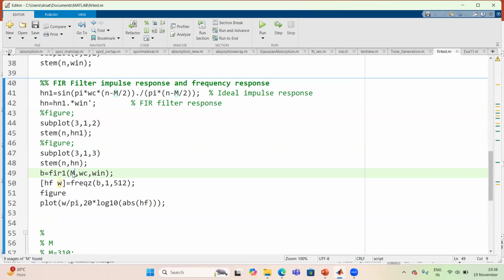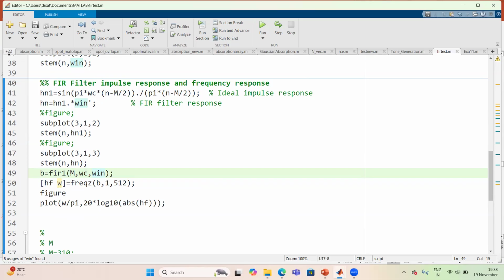The first input is the order of the filter, M, and the second input is its cutoff frequency. You remember this is not the 3 dB cutoff frequency. Here the cutoff frequency WC is being defined, but at this cutoff frequency, the gain offered by the filter is normally minus 6 dB. And here we have to give which particular window you are using for making this FIR filter, so that window we have to give.